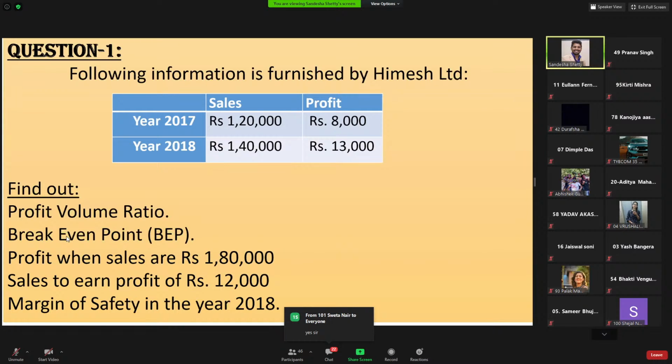Because this solution will take more than 20 minutes, and it is the first problem, so you have to practice well. If everyone has finished writing the problem, I can go for the solution.